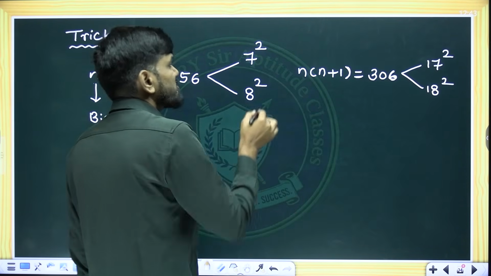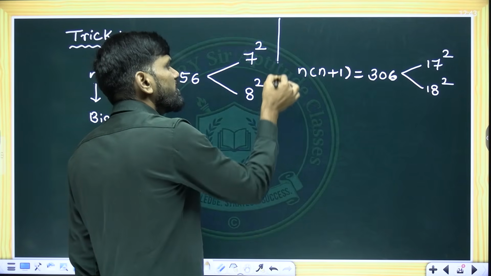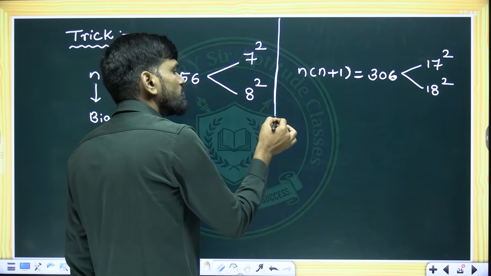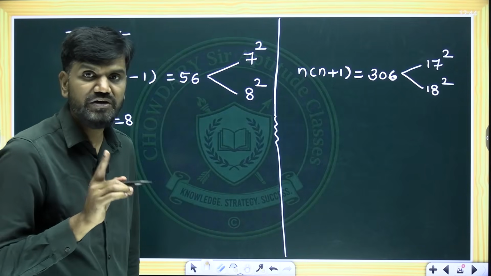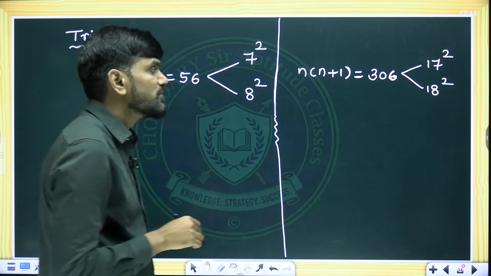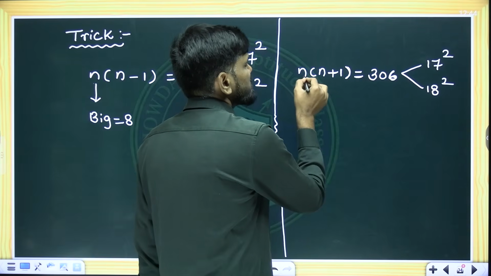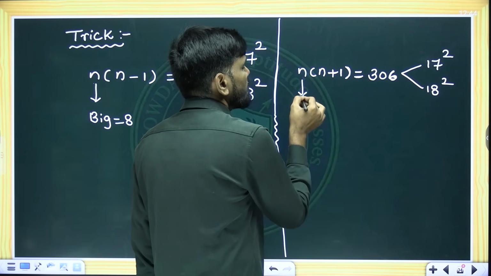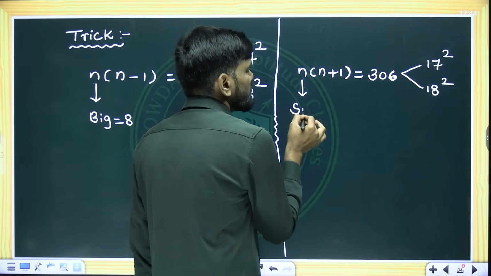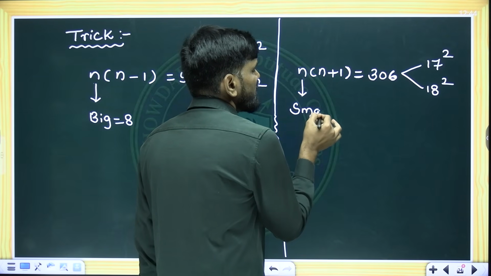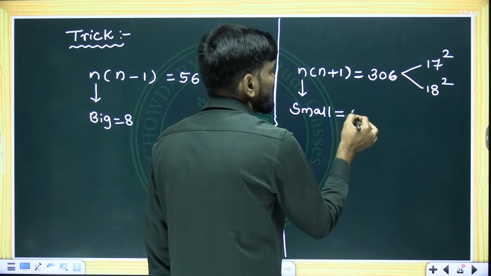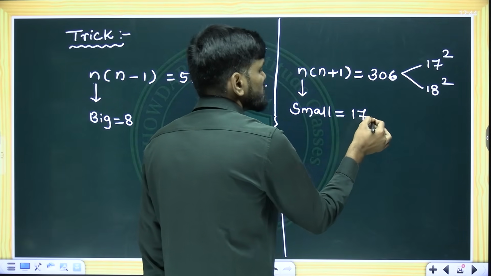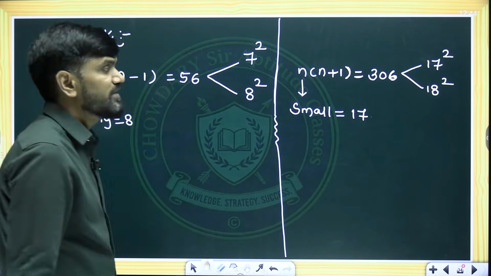Please remember, this technique you can use only when it is the product of two consecutive natural numbers. Please know the limitation of the shortcut. So in this product, n is the small value or bigger value? n corresponds to the small one because n plus 1 is bigger. That small value between 17 and 18 is 17. Hence your answer has to be 17.